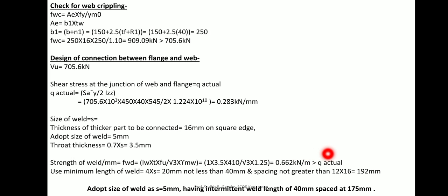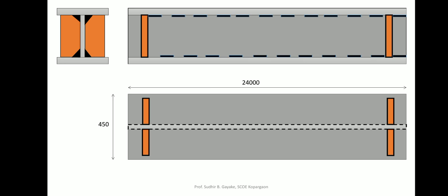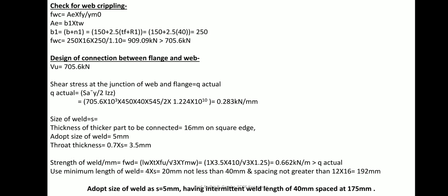Now instead of providing welding throughout the span, intermittent welding may be provided at certain distances, and for that you adopt clauses from connections in IS 800. The intermittent welding length should not be less than 4 times the size of welding or 40 mm.